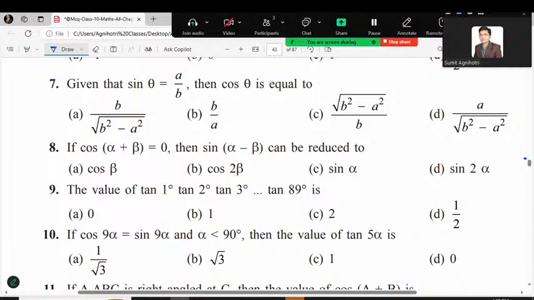Okay, they all are easy. You can tell me your answer if you have got your answer for question number 7.